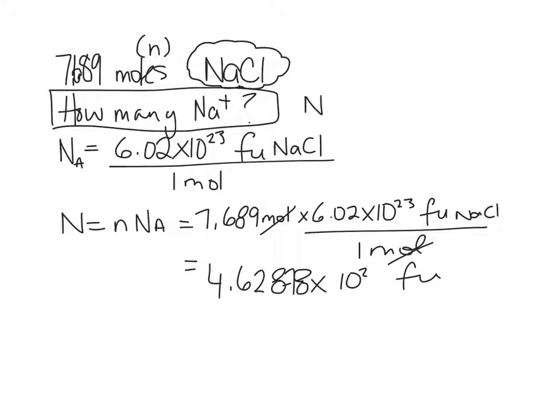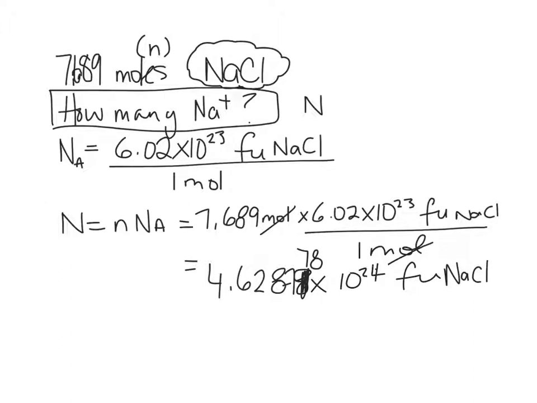Okay, wait, so 4.62 78. All right. Times 10 to the 24 formula units of NaCl.